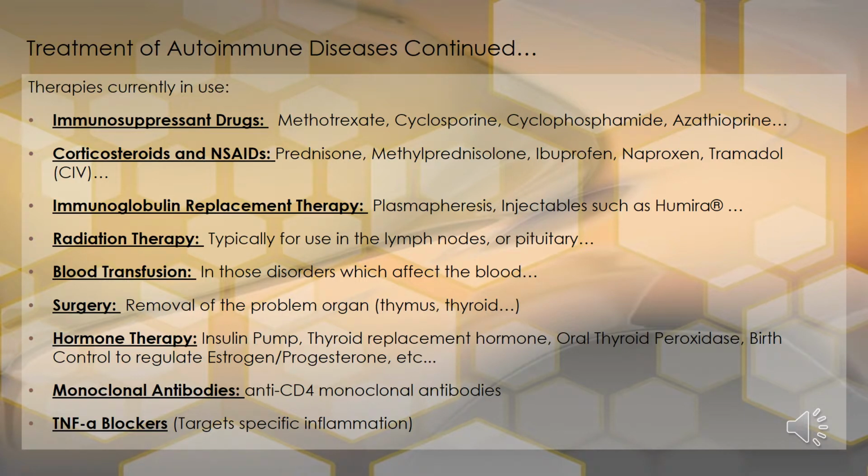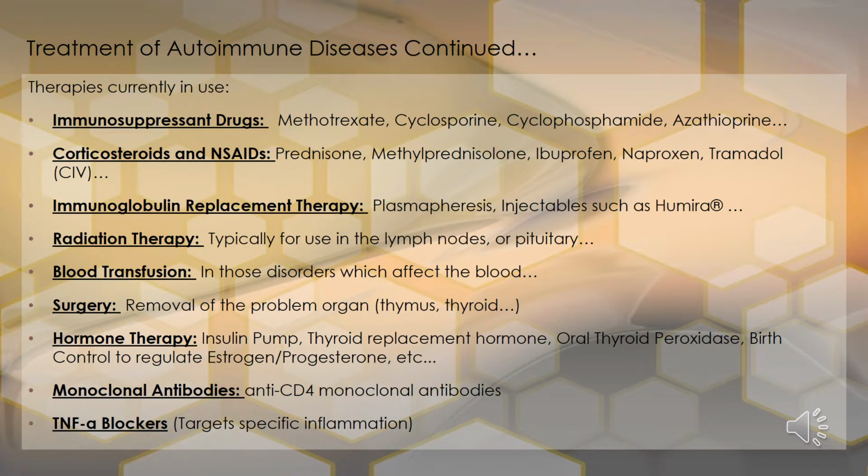Examples of some of the therapies currently in use include immunosuppressant drugs such as methotrexate, cyclosporin, cyclophosphamide, and azithromycin. You'll commonly see these prescribed in people with rheumatologic diseases, rheumatoid arthritis, psoriatic arthritis even.